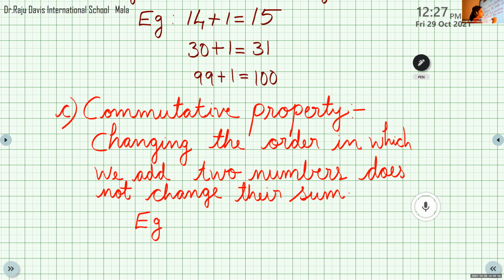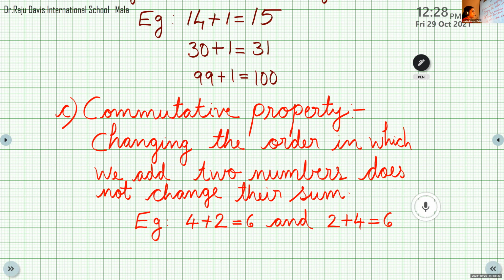Then we can change the order: 2 plus 4 is 6. So here what have we done? We changed the order. 4 plus 2 we changed to 2 plus 4. So is there anything that happened to the answer? No. Answer is same.